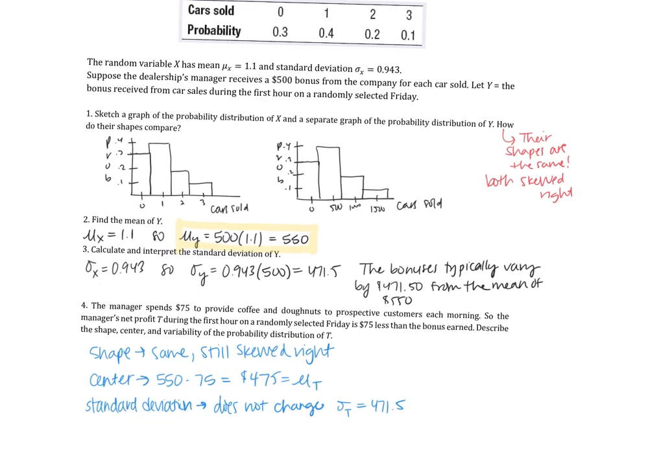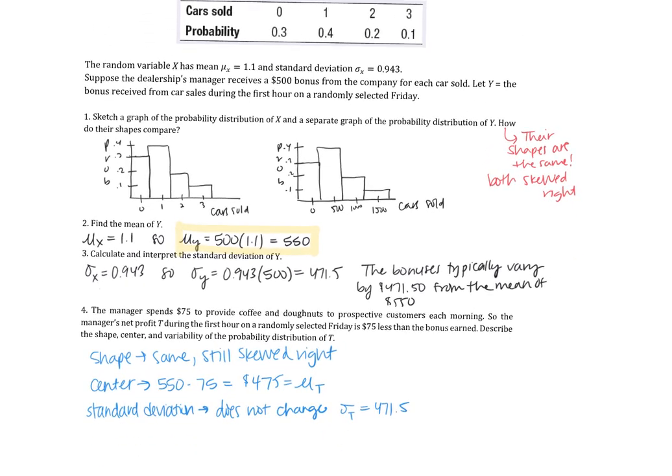For number one, it says sketch a graph of the probability distribution of X. We did that right here. Then it says suppose the dealership's manager receives a $500 bonus from the company for each car sold, and why is the bonus received from car sales during the first hour on a randomly selected Friday? So what we're doing here is multiplying by $500.